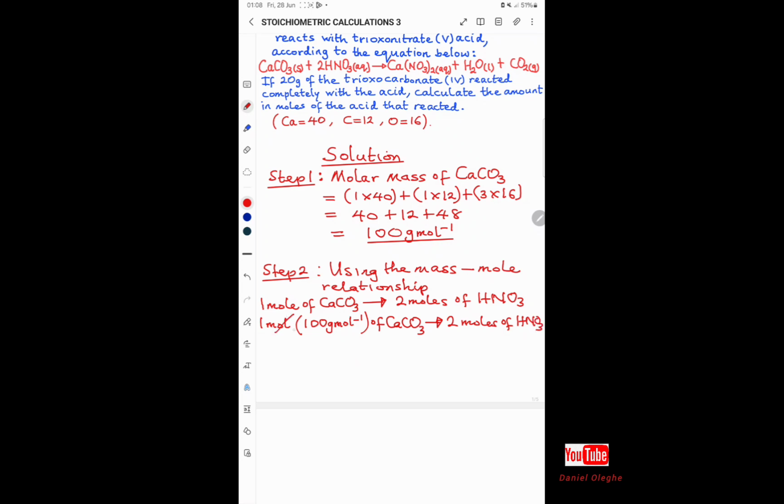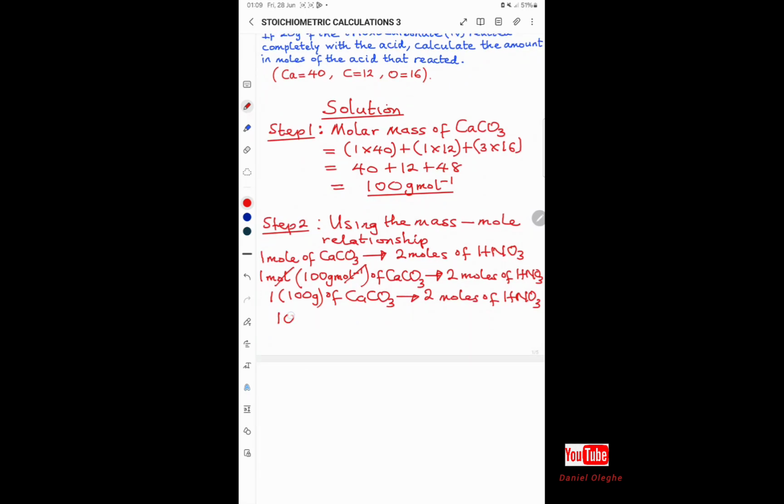So you see the mole we cancel mole, so we have 1 into 100 grams of CaCO3 reacting with 2 moles of HNO3.